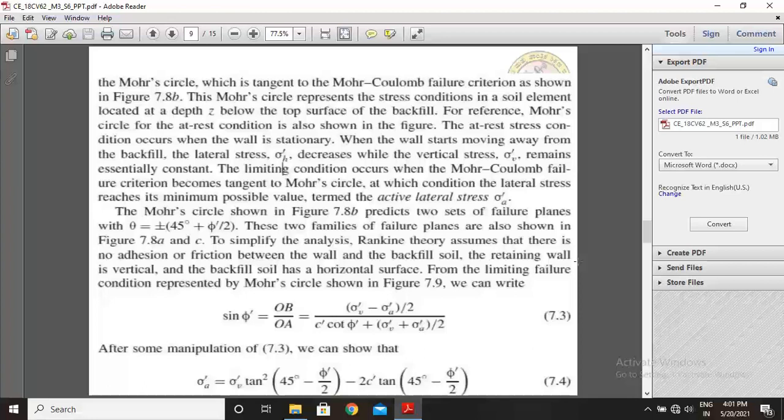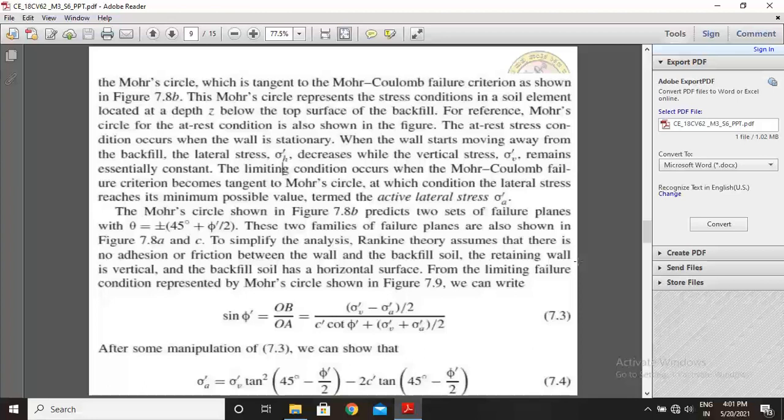The limiting condition occurs when the Mohr-Coulomb failure criterion becomes tangent to the Mohr circle. At this condition, the lateral stress reaches its minimum possible value, termed the active lateral stress, sigma dash a. The Mohr circle shown in figure 7.8b predicts two sets of failure planes with theta equal to plus or minus (45 plus phi dash by 2).